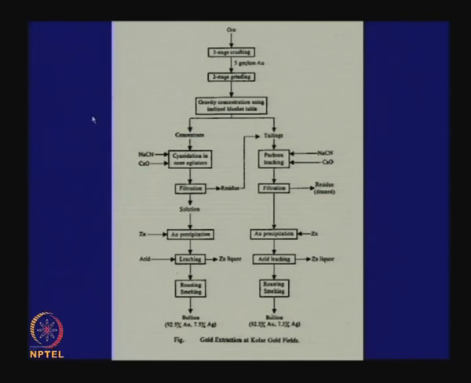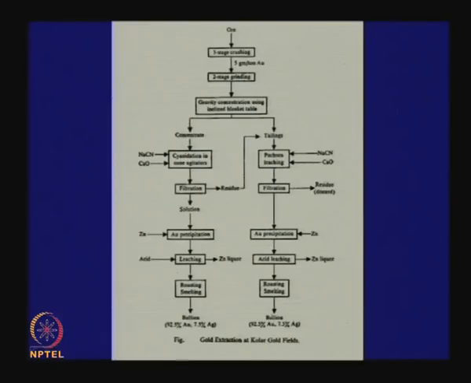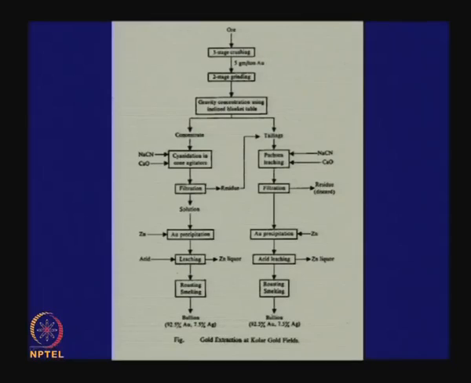So, it goes through 3-stage crushing and 2-stage grinding. Why it is 3-stage, why it is 2-stage, we need not discuss. You can never go to a very fine form in one stage, you have to go stage wise. And there are also different ways, because crushing and grinding need a lot of energy. So, there are ways of minimizing it by having different steps and combining them in different ways.